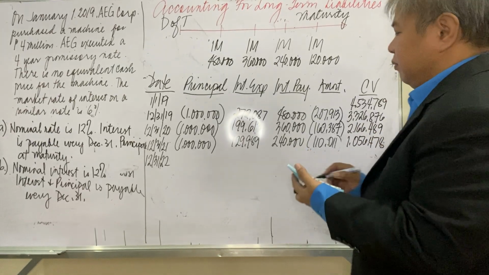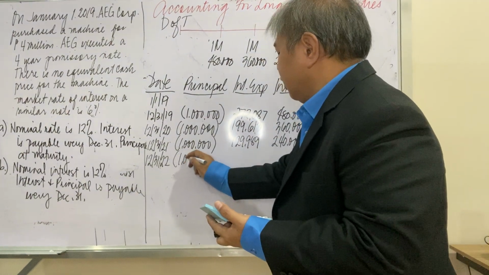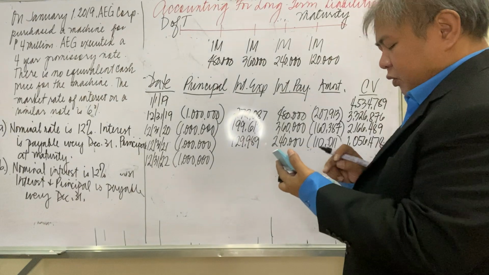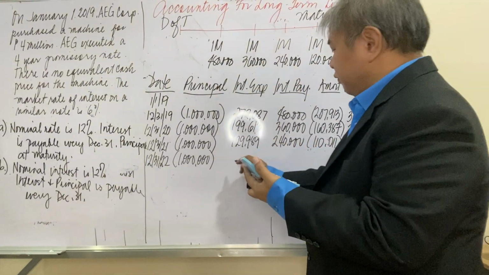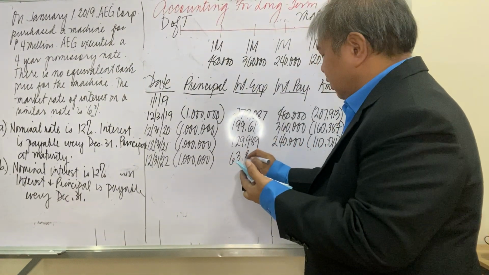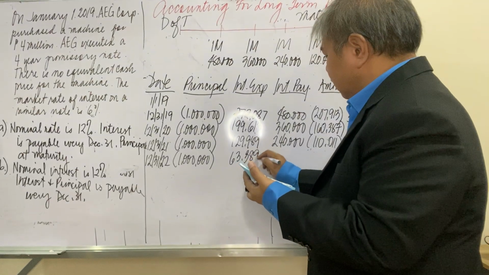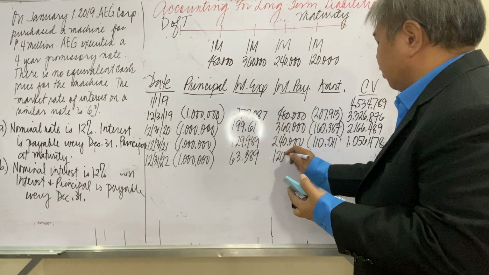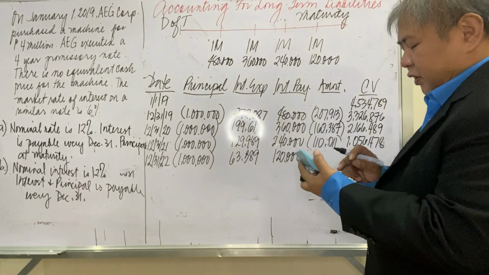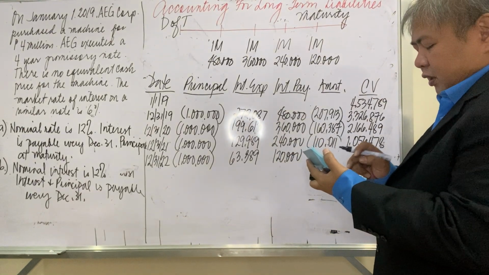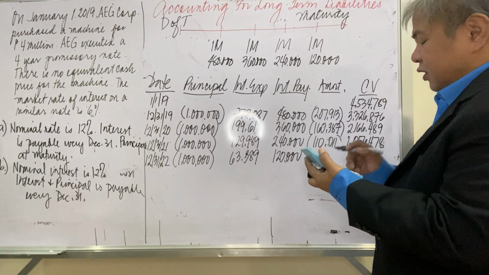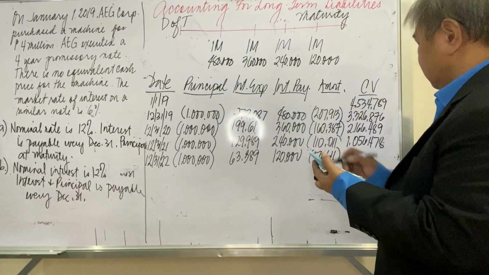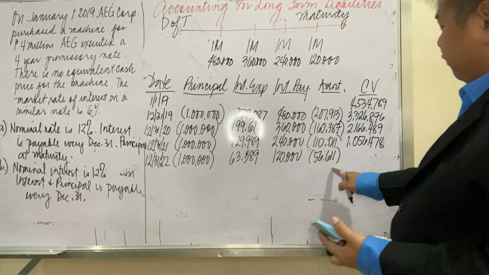Plus 1 million here is principal payment. Times 0.06. So therefore this is 63,389. So interest payment is 120,000. So therefore the difference is 56,611. Okay, so there's a difference.